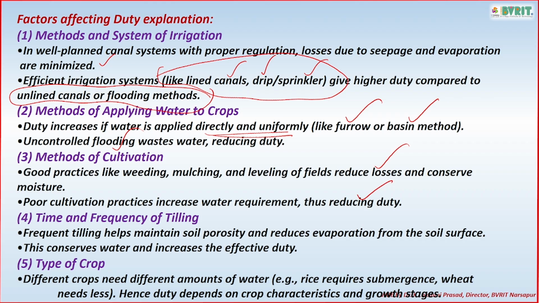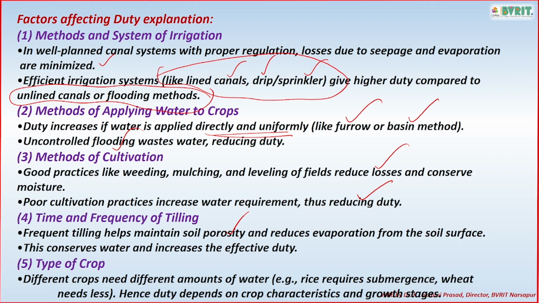Time and frequency of tilling. Frequent tilling helps to maintain soil porosity. That means continuously the soil is being plowed, turned up and down, making the soil loose at the top surface. Naturally, that indicates the water absorption capacity of the soil can be increased.